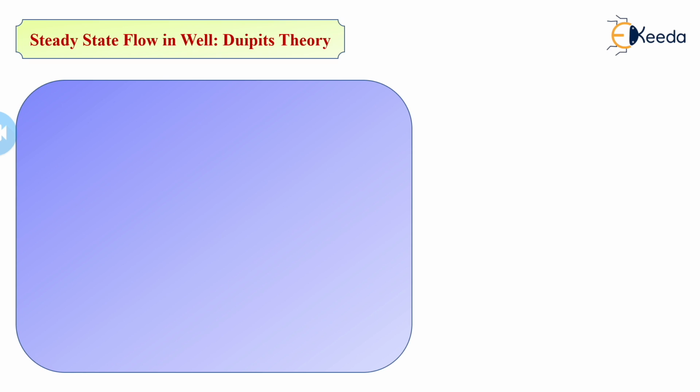One law is Darcy's law, and secondly, we have to follow the Dupuit theory. Dupuit, also called the Thiem theory, gave this analysis in around 1863, and this analysis was then modified by Thiem in 1906. Hence, this theory is also known as the Dupuit as well as the Thiem theory.